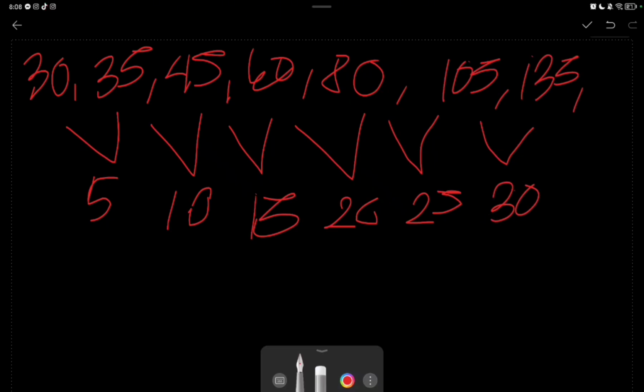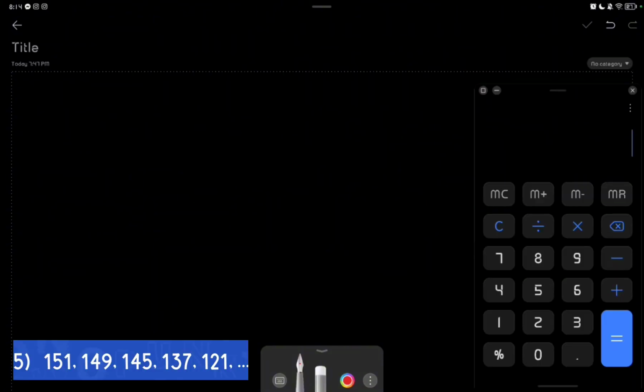And then for the last term, it is 135 plus 35 is equal to 170. Yeah, 170. That's it.